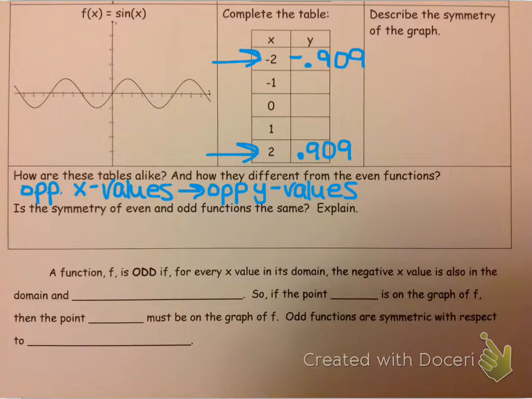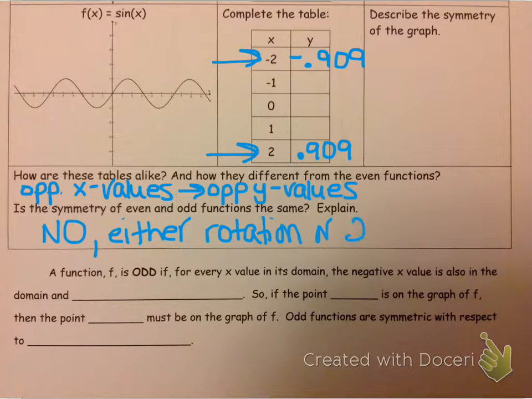The symmetry of even and odd functions is not the same, because this type of symmetry either has to use rotation to generate it, or two reflections to generate it, not just over the y-axis, but the y and the x. So once again, we're not going to spend a lot of time just looking at them graphically. It's just to help you visualize and introduce you to these two kinds of symmetry.